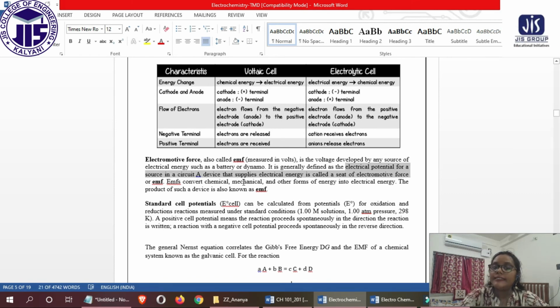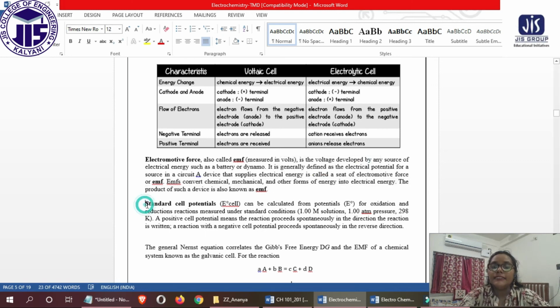A device that supplies electrical energy is called the seat of electromotive force, or EMF. EMFs convert chemical, mechanical and other forms of energy into electrical energy. Okay. So, this is the whole concept of electromotive force. This is called EMF.